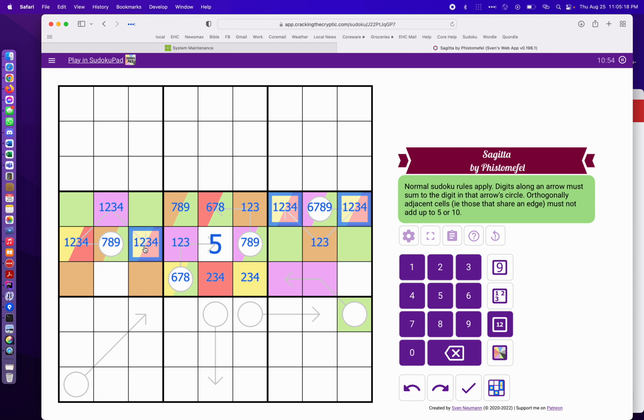And those two can't be a 1. So that means high purple can't be a 6 because there's going to be a 4 in one of those two. Then 5 is going to be down here somewhere.